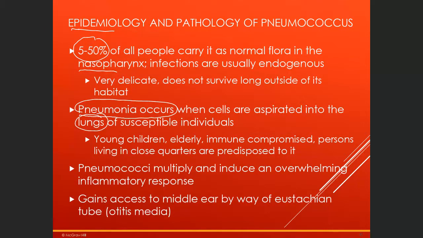Especially it happens to people that have a lower immune system, like children. Elderly people usually have lost some of their immune capability. Some people with immune compromised conditions, like AIDS patients, usually get this pneumonia easily.